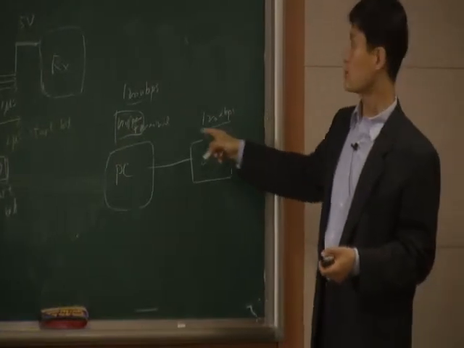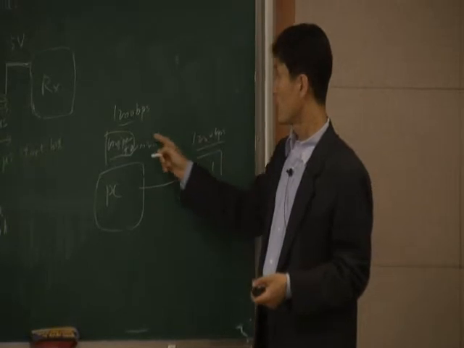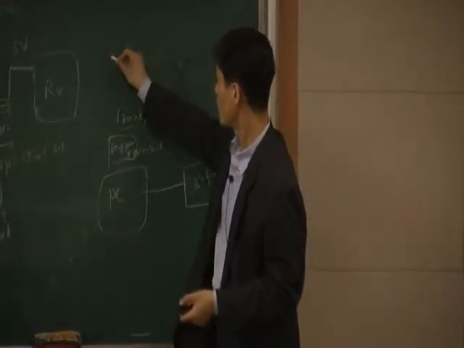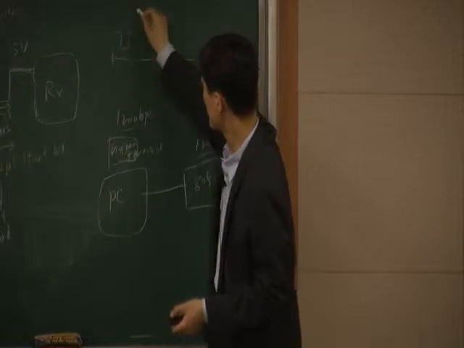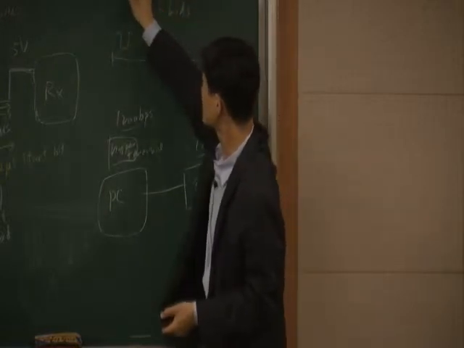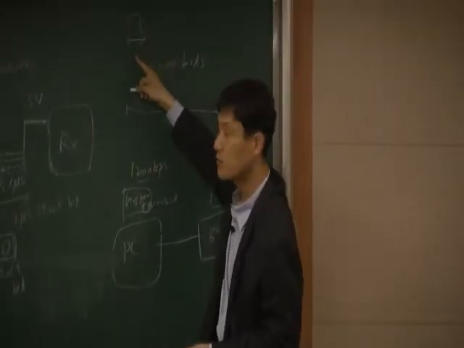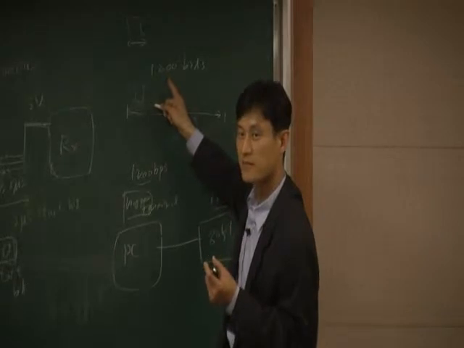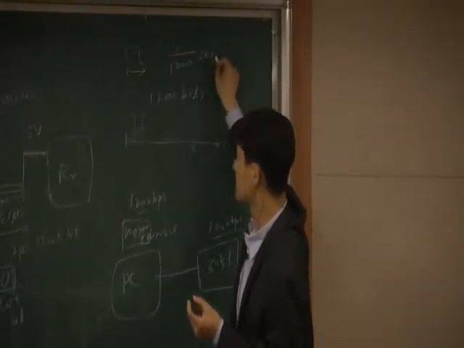Once you do this, 1200 bps, then what does that mean? What that means is within 1 second, we have 1200 bits. So how much is the bit duration? In 1 bit duration, how much is the time? It's like 1 over 1200 seconds.